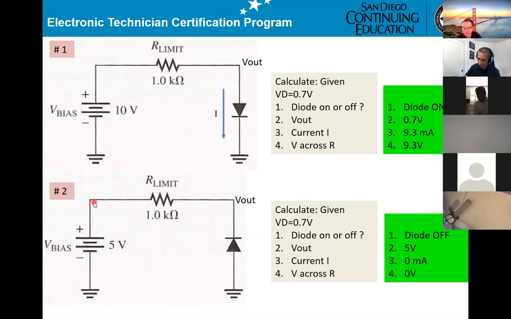So whatever voltage here and here will be the same. That's why Vout equals 5 volt. And if they want to calculate the current, open circuit, current will be 0. And V across the resistor equals I times R. I equals 0, so V equals 0. Any question?